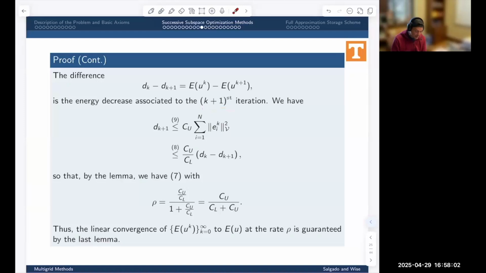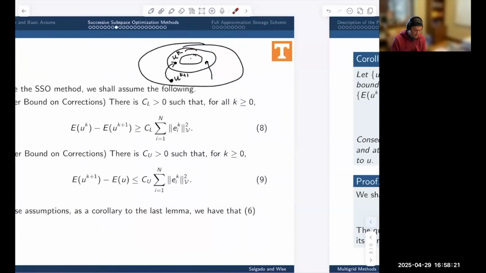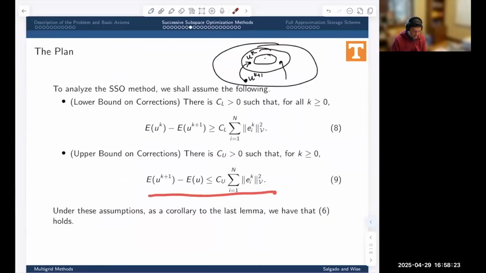Now, by assumption 9, that's the upper bound on corrections, assumption 9 directly gives us this information here: d_{k+1}, which is the difference between E(u_{k+1}) and E(u). That gives us an upper bound on corrections.